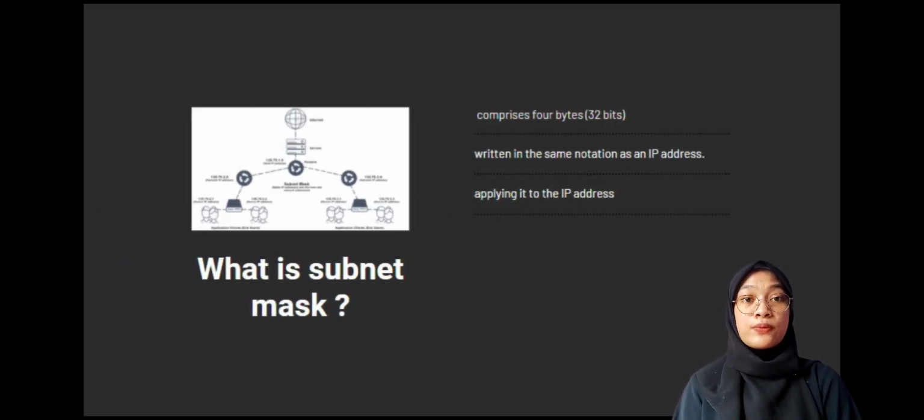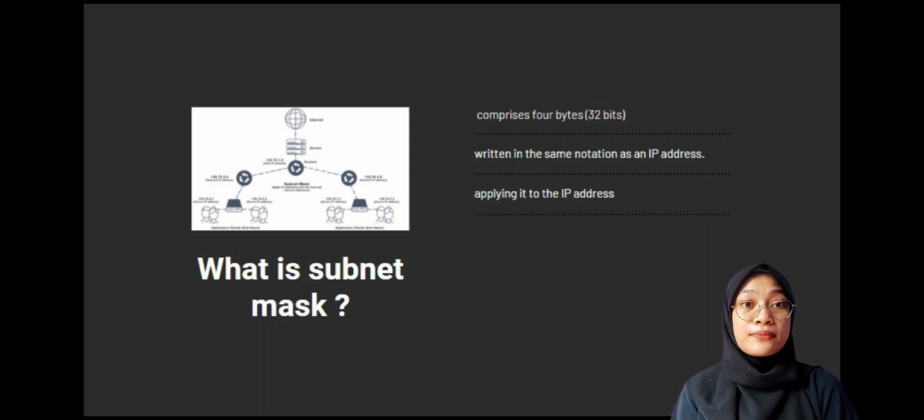For this part, I will explain what a subnet mask is. A subnet mask comprises 4 bytes and is written in the same notation as an IP address. For TCP/IP to work, you need a subnet mask. The subnet mask complements an IP address, and by applying it to the IP address, it determines what subnet an IP address belongs to.